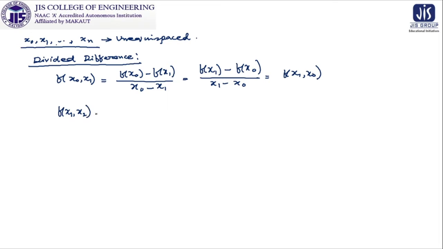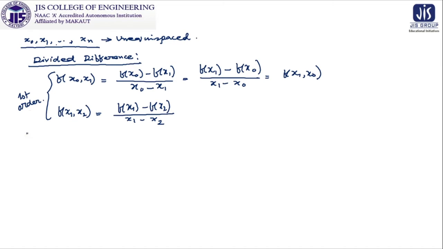According to the definition, f of x1, x2 is equal to f of x1 minus f of x2 by x1 minus x2. All of you can see that x1, x2, f of x1, f of x2 are all given to us. So we obviously get the results of these first order divided differences.